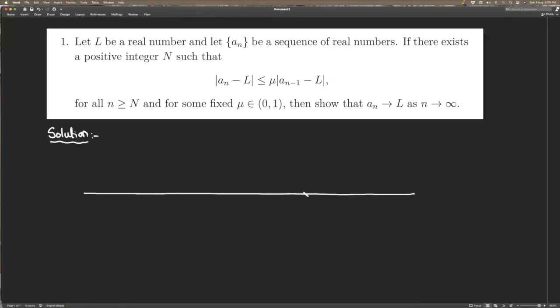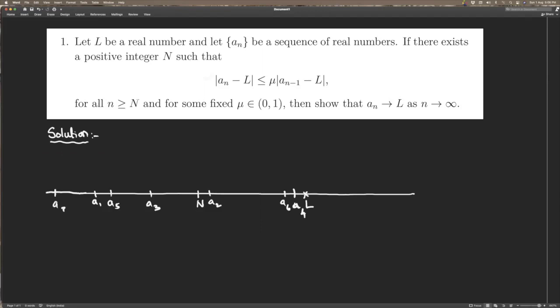We are given a real number L, and the sequence a_n is such that the first finite number of terms in a_n may not obey this condition. It may be that a_1 is here, a_2 is here, a_3 becomes here, a_4 may be here, a_5 may come here, a_6 may be somewhere very close here, and a_7 may go here, and so on.